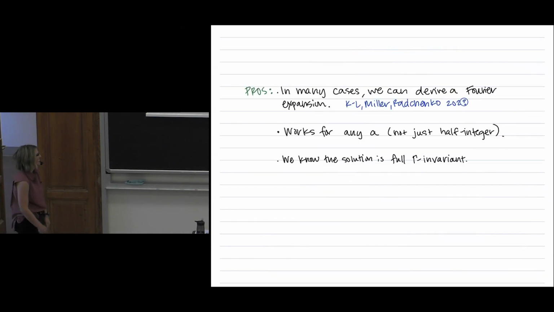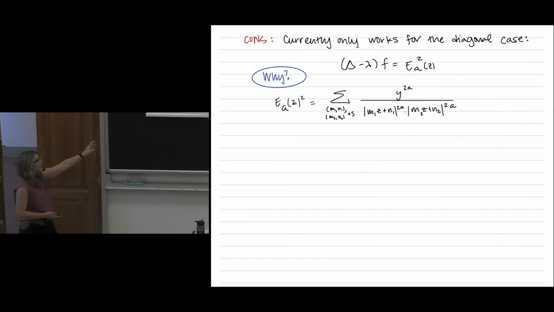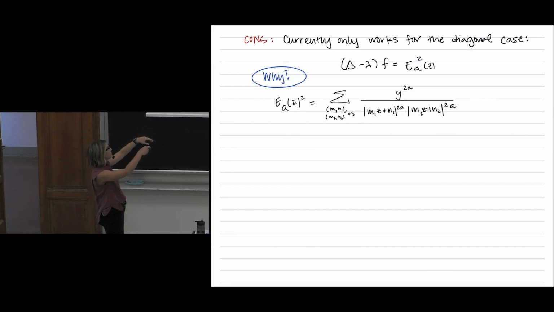We'll get there. So that's the goal. So I guess right now this method won't get us everything for any generalized Eisenstein series because it only works on diagonals, and the reason why is because of the form of this expansion.